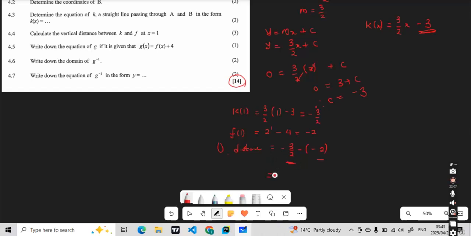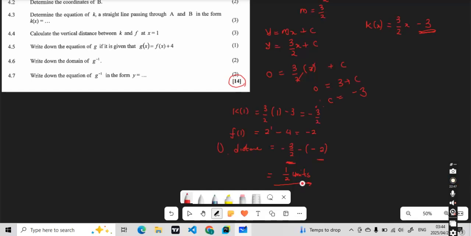So now, what is the answer? The answer is 1 over 2. But remember, they said we must calculate the vertical distance. Since they didn't tell us whether it's going to be in meters or in kilometers, the best way is to just say 1 over 2 units.